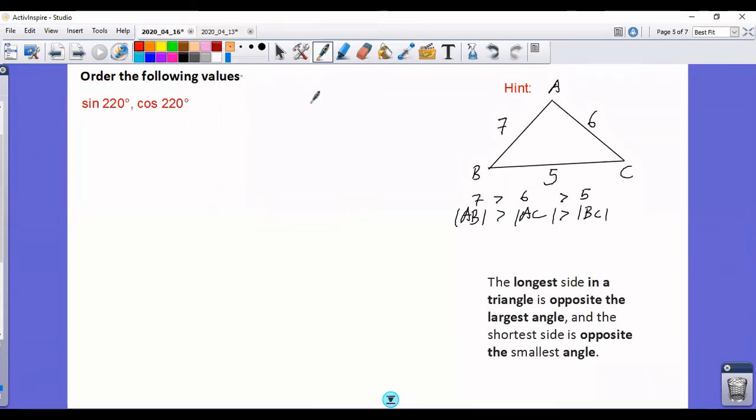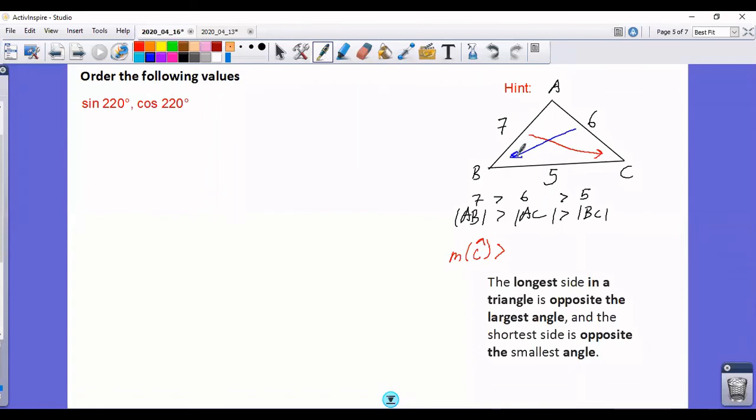So the angle opposite to these sides, for example, AB, the longest side, so the angle C, the measure of angle C is going to be the largest angle. And then in the middle, we are going to have the angle opposite to 6.